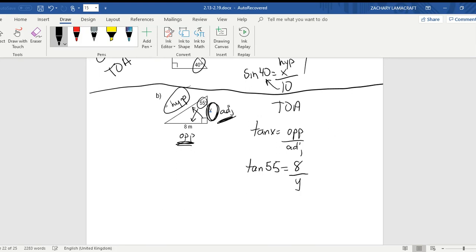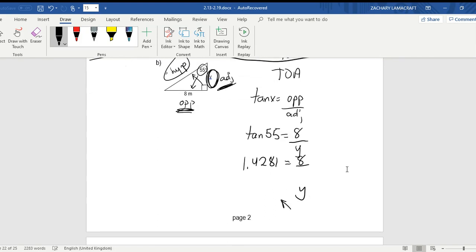And we know we got to find out what tan 55 is. It's going to be 1.4281 is equal to 8 over y.